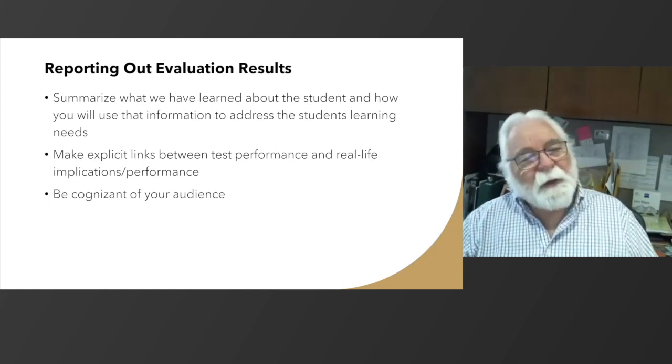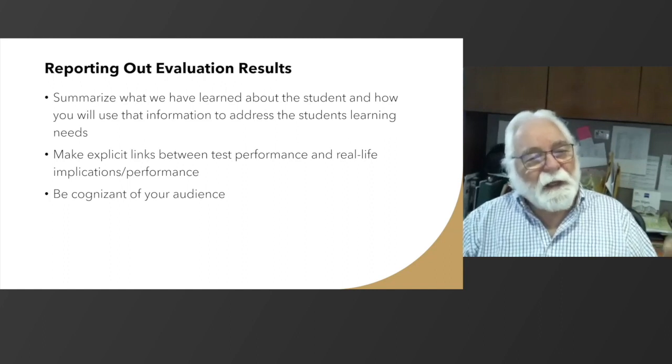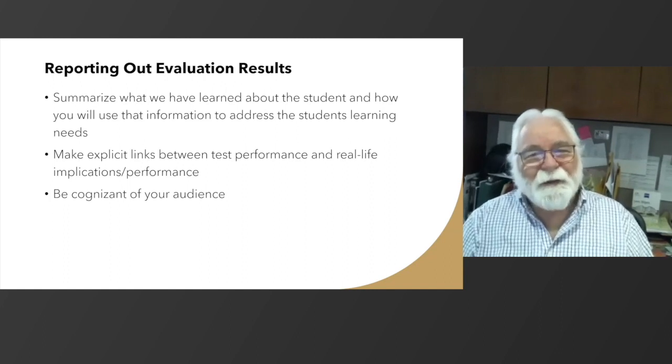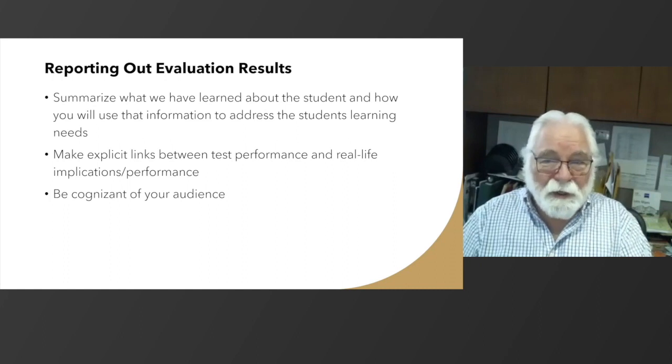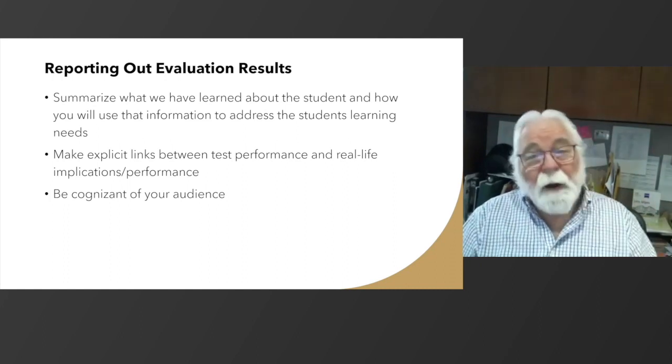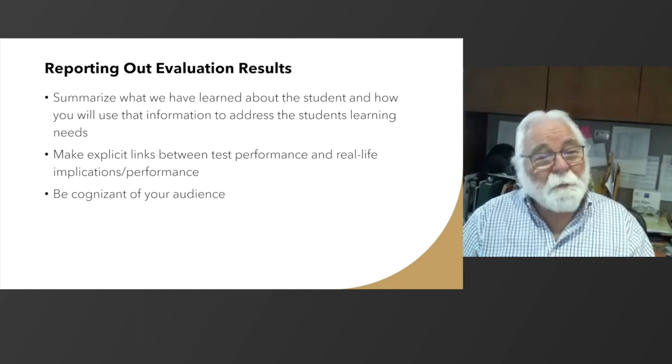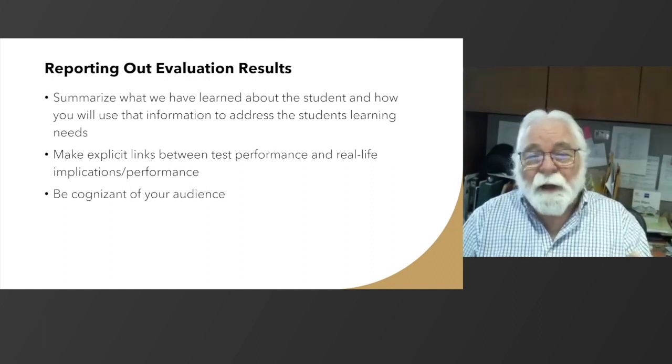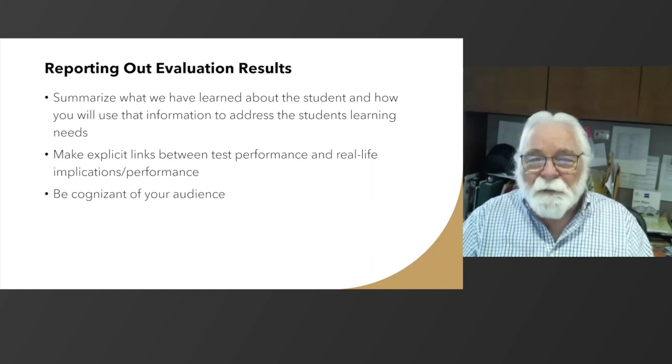So we make the link: you just provided a 3-step direction to this youngster, he's got pretty good working memory, so I think he's going to hang on to it, but it's going to take him a while to process. Do not expect an immediate response.